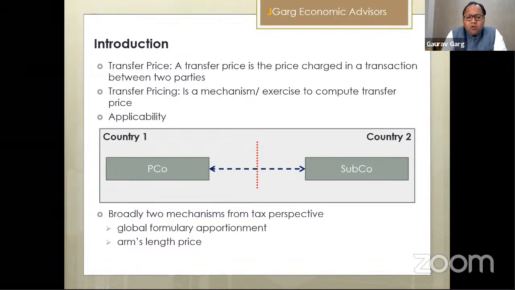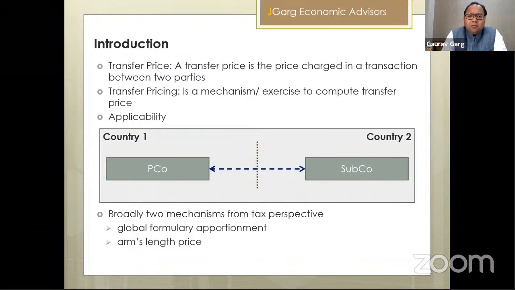Whereas if I talk about the arm's length price or arm's length principle, whatever may be the consolidated profit or loss situation of the group, each entity in the group gets a return based on its contribution to the value chain. So it may happen that at a consolidated level the group has insignificant profit, very low profitability, or maybe losses.